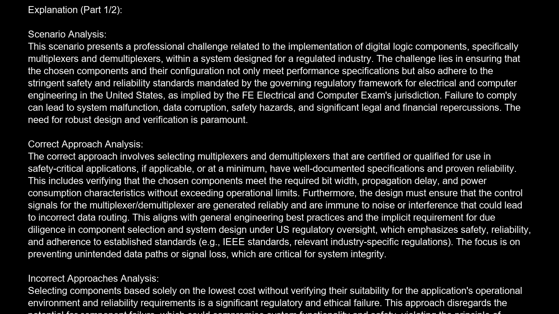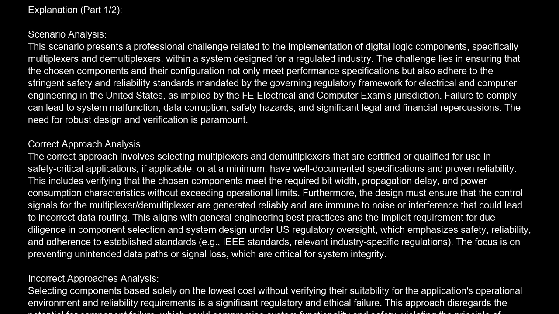The challenge lies in ensuring that the chosen components and their configuration not only meet performance specifications, but also adhere to the stringent safety and reliability standards mandated by the governing regulatory framework for electrical and computer engineering in the United States, as implied by the FE Electrical and Computer Exam's jurisdiction. Failure to comply can lead to system malfunction, data corruption, safety hazards, and significant legal and financial repercussions. The need for robust design and verification is paramount.